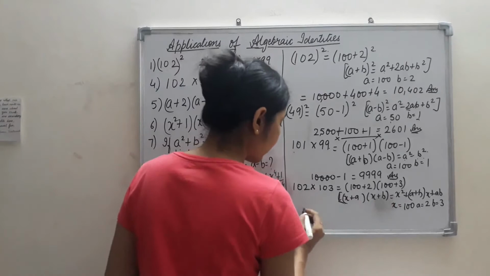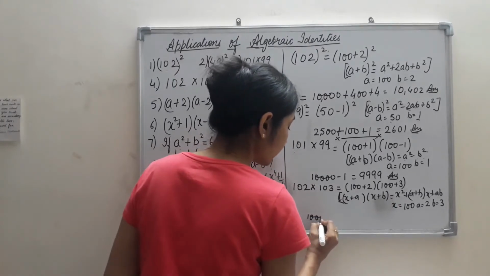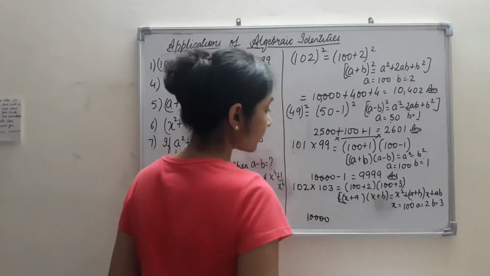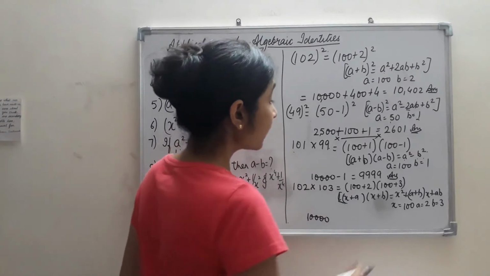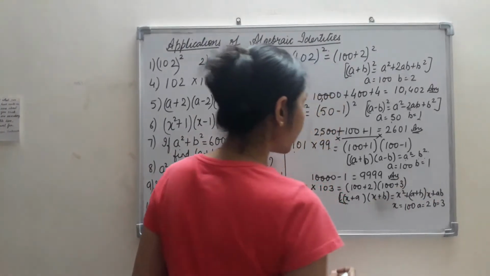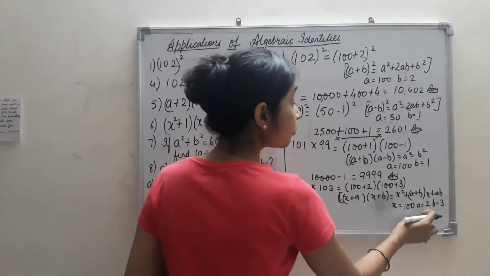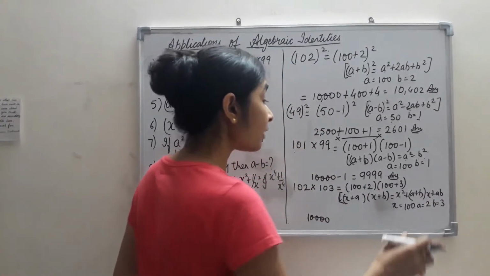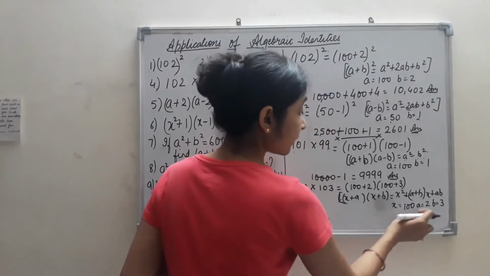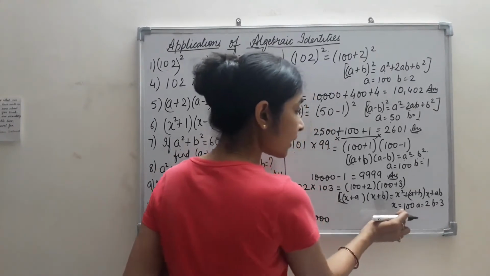First x square, that means we get 10,000 here again. 100 into 100 gives us 10,000. Then (a plus b) multiplied by x. So 2 plus 3 is equal to 5, and 5 multiplied by 100. That means we are supposed to add these two and multiply x to it.